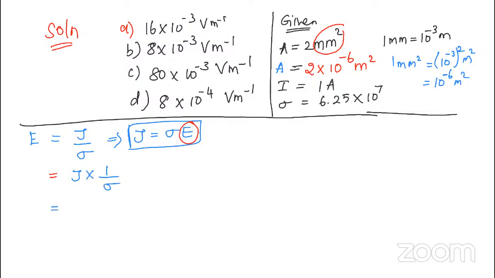So what is the value of J? What is meant by that J?